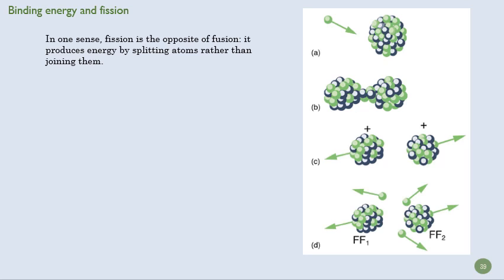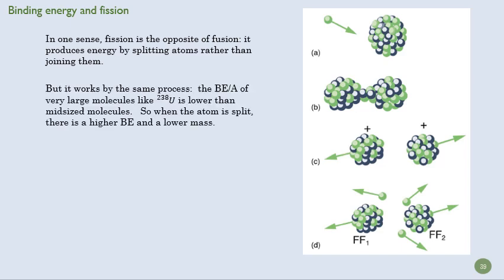Fission takes a large molecule and tries to split it so it becomes mid-sized. And then that mid-sized molecule has a higher binding energy per nucleon, which results in a release of tremendous energy.